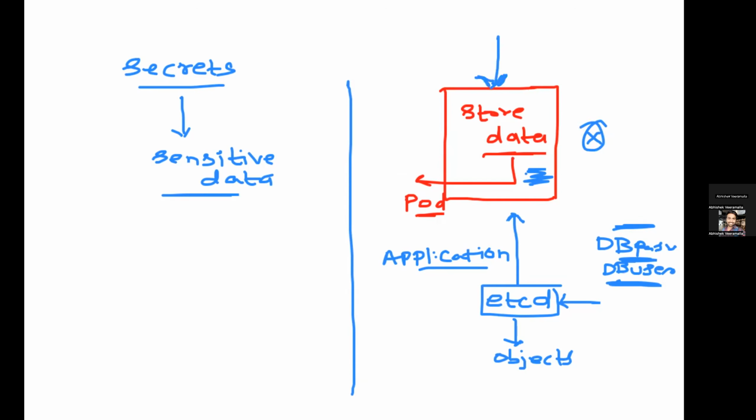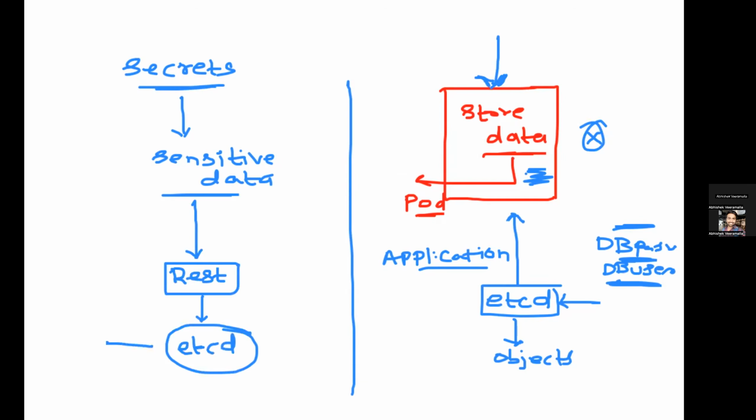Now, what will happen if you store it in secrets? What difference does it make? Kubernetes says that if you put any kind of data inside the secret, we will encrypt the data at rest. That means before the object is saved in etcd, Kubernetes will encrypt it.